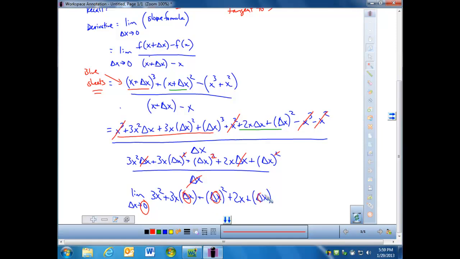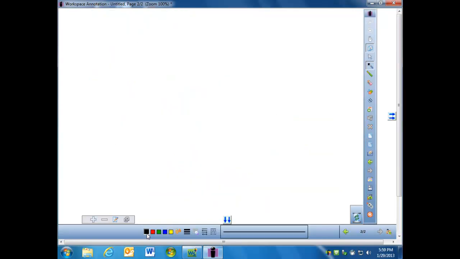What I have left is just 3x squared plus 2x. Remember, that has a lot of names now. It's the derivative of the function. It's the slope of the tangent. It's the slope formula of the tangent lines to that function. That slope is going to be different at each individual point. I hope that makes sense.